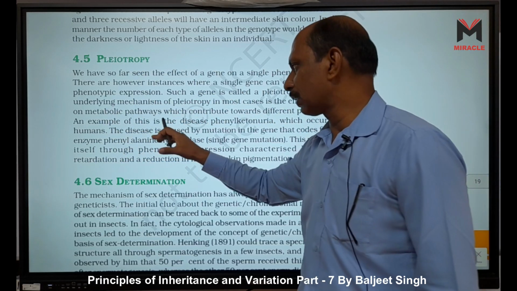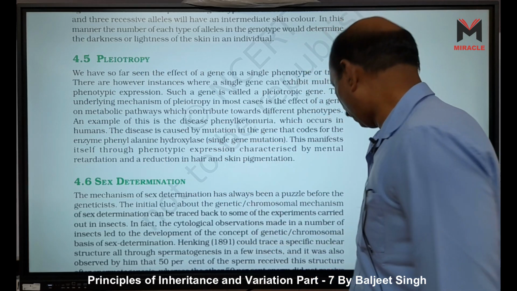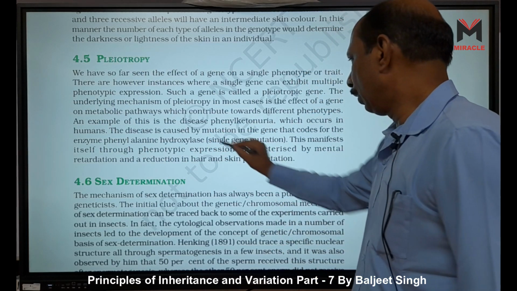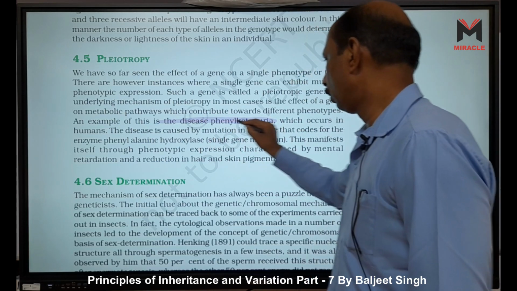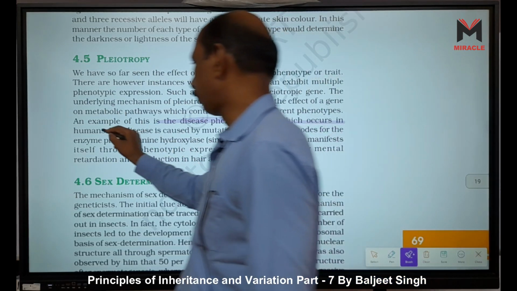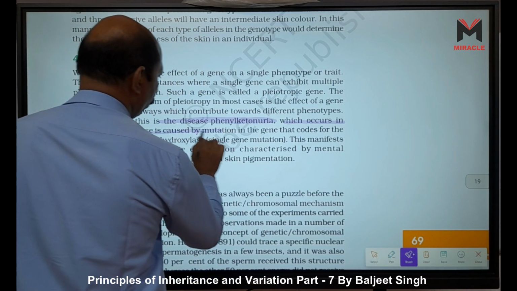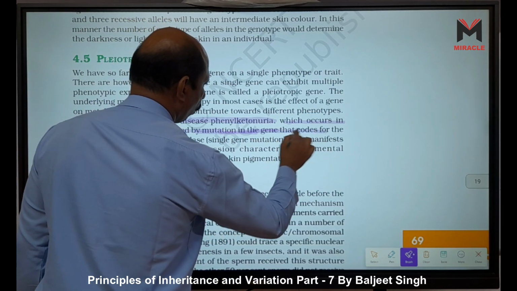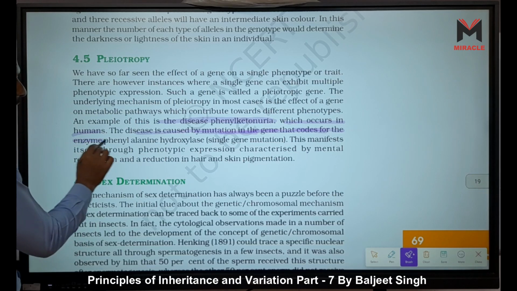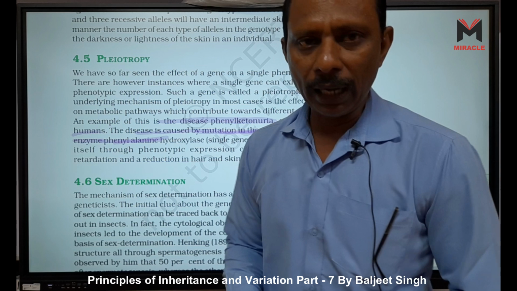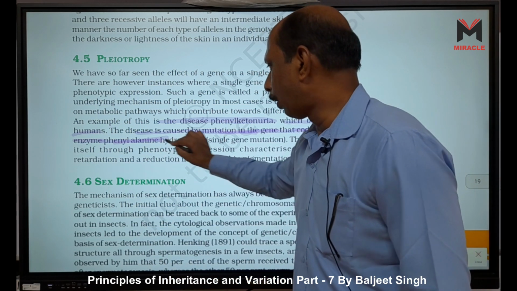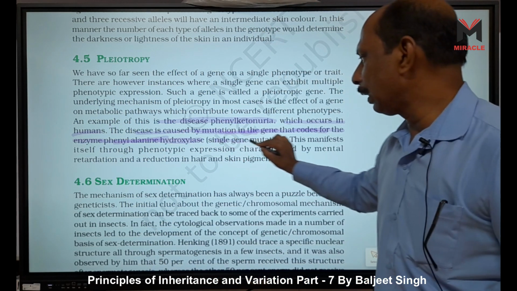An example of this is the disease phenylketonuria, which occurs in humans. This disease is caused by mutation in the gene that codes for the enzyme phenylalanine hydroxylase.